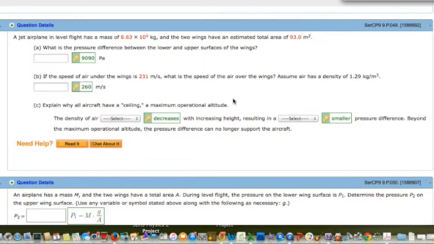What is the pressure difference between the lower and upper surfaces of the wing? And then if the speed of the air under the wings is 231 meters per second, what is the speed of the air over the wings? Assume air has a density of 1.29 kilograms per cubic meter. So let's get started, shall we?